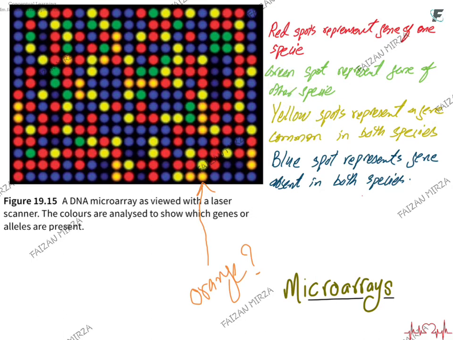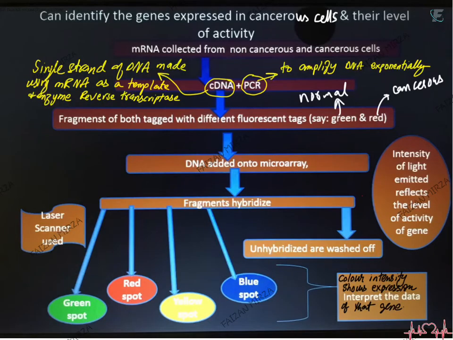Think about it. Another use of the same technique is to identify the expression of genes in cancerous cells, or cells which have a predisposition towards becoming cancerous. You know that the gene activity or gene expression in a cancerous cell is slightly different. That's why they become cancerous.